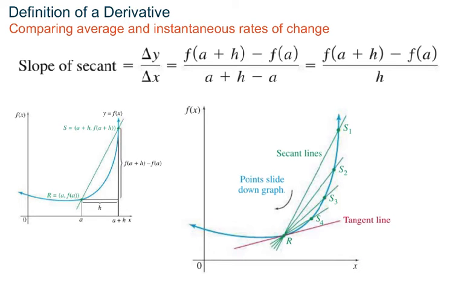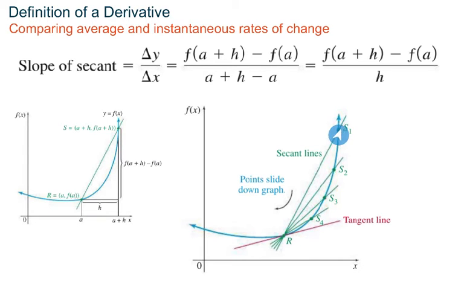If we think about drawing that secant slope through a point, say S sub 4, which is closer to that initial point R. So we think about shrinking S sub 1 to S sub 2 to S sub 3 to S sub 4, and these 2 points, R and my S point, are becoming closer and closer together.